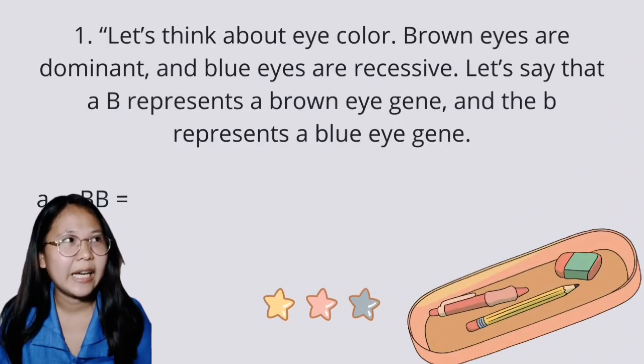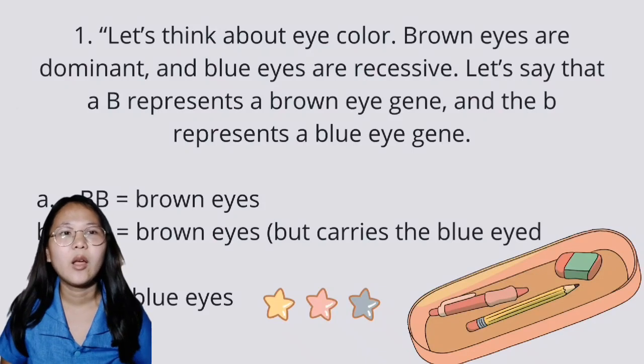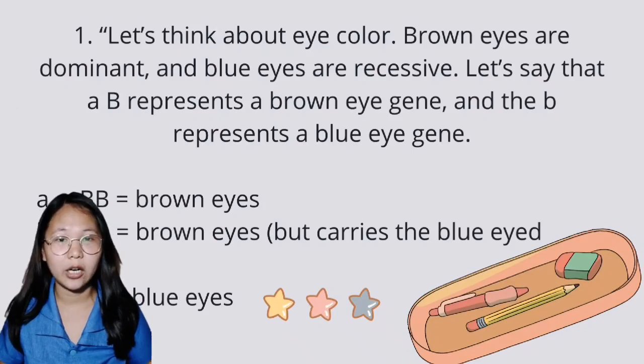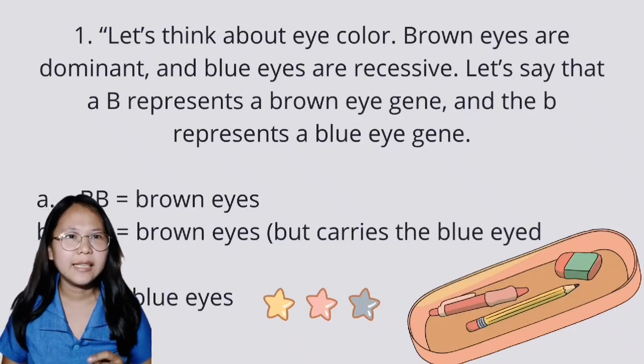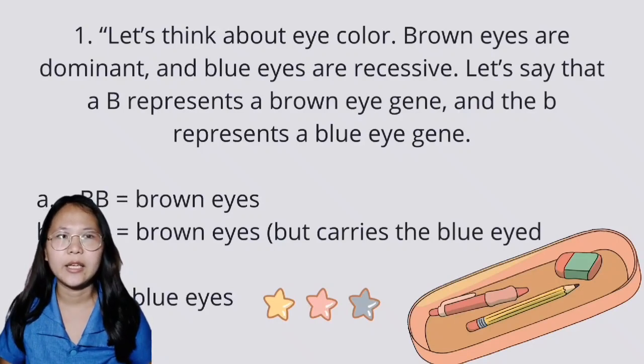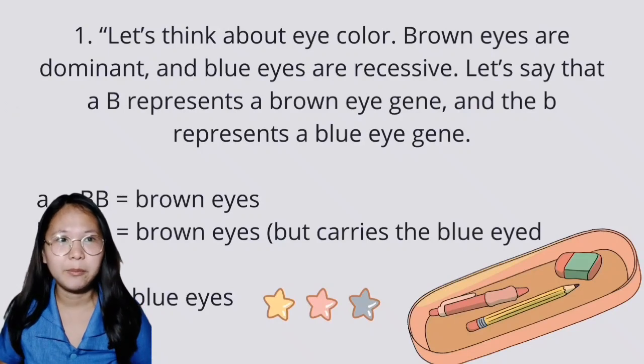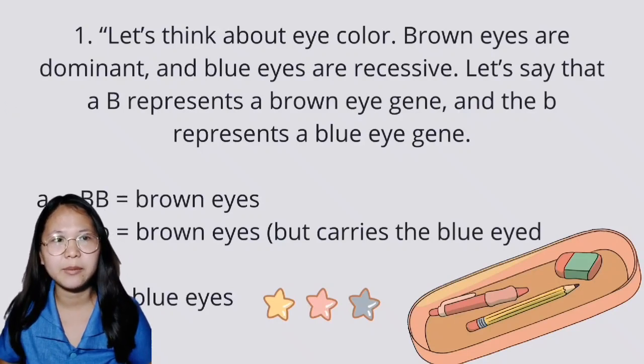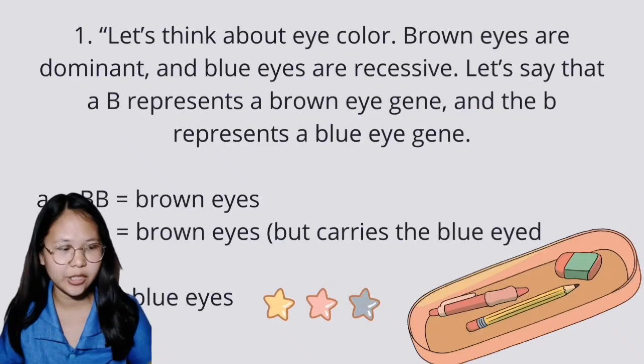Let's think about eye color. Brown eyes are dominant and blue eyes are recessive. Let's say that a capital B represents a brown eye gene and the small b represents a blue eye gene.